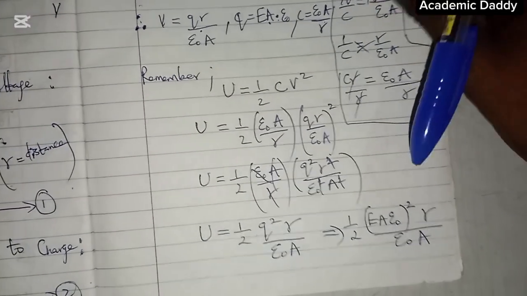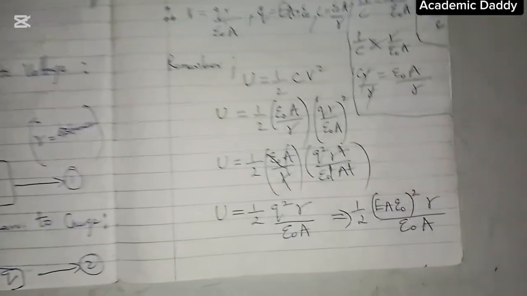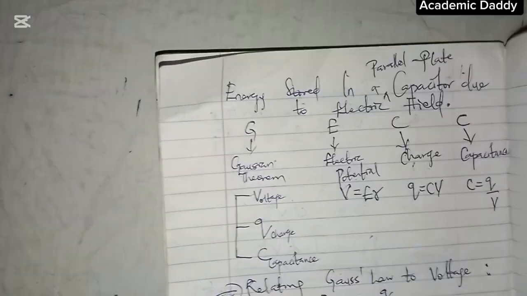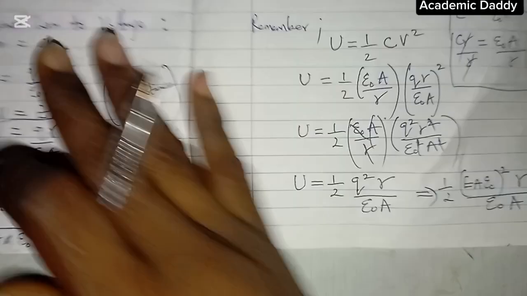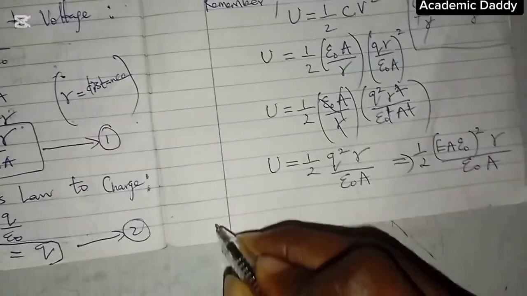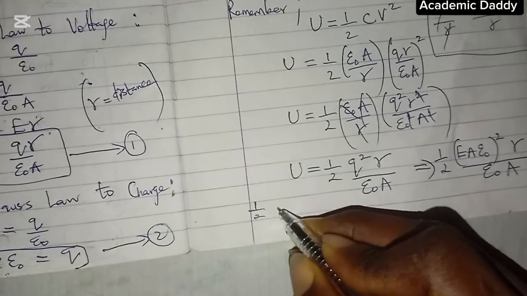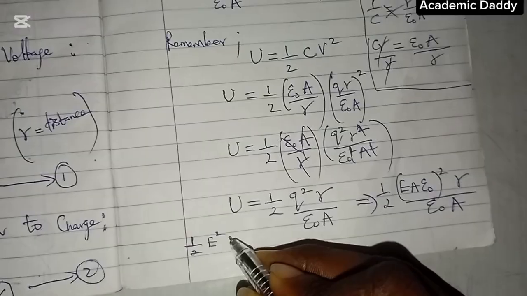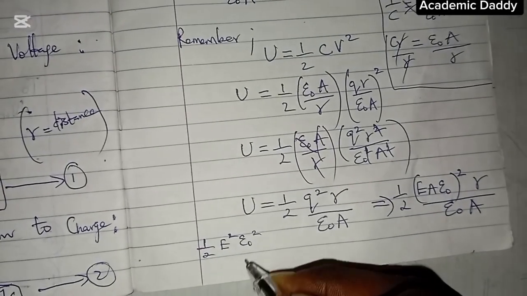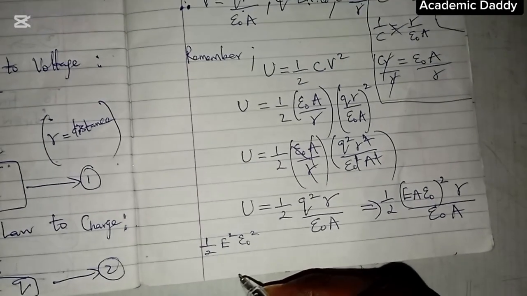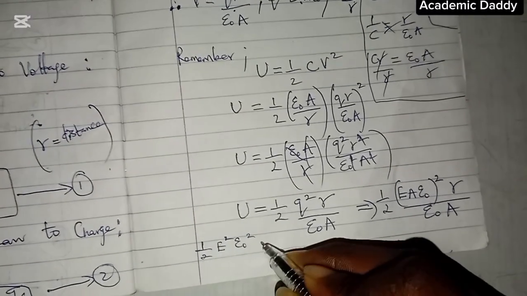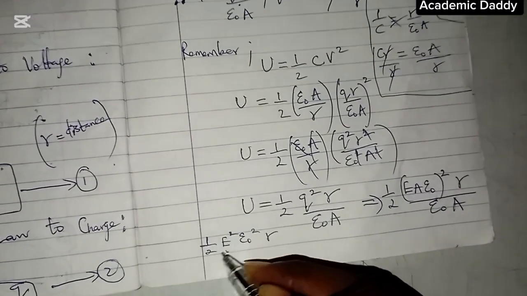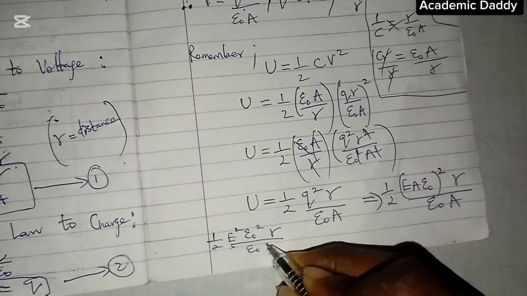So I will try to finish up. I'm out of space, but let's try to do it here. So I now have half E squared, ε₀ squared, then R all over ε₀A, squaring everything here.